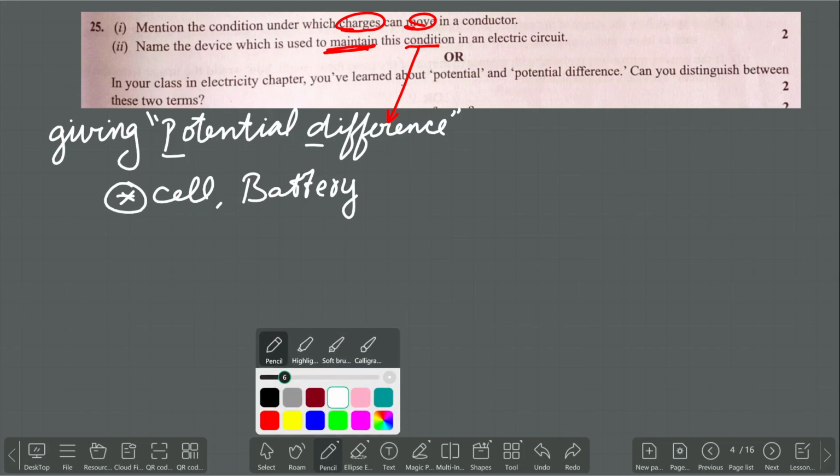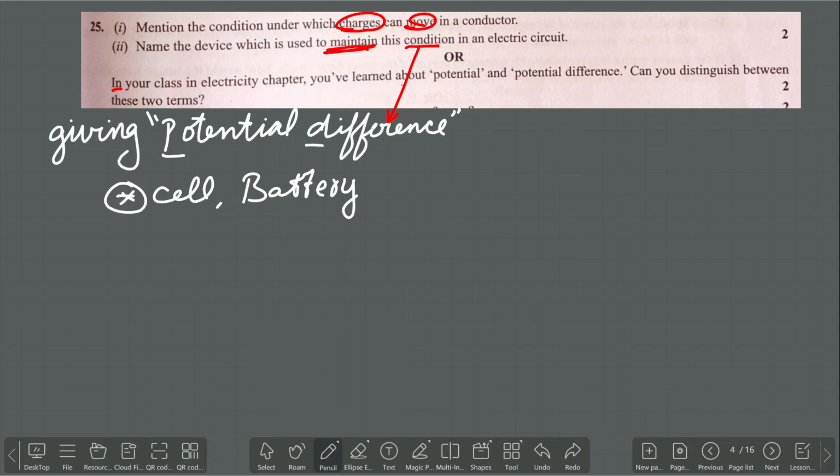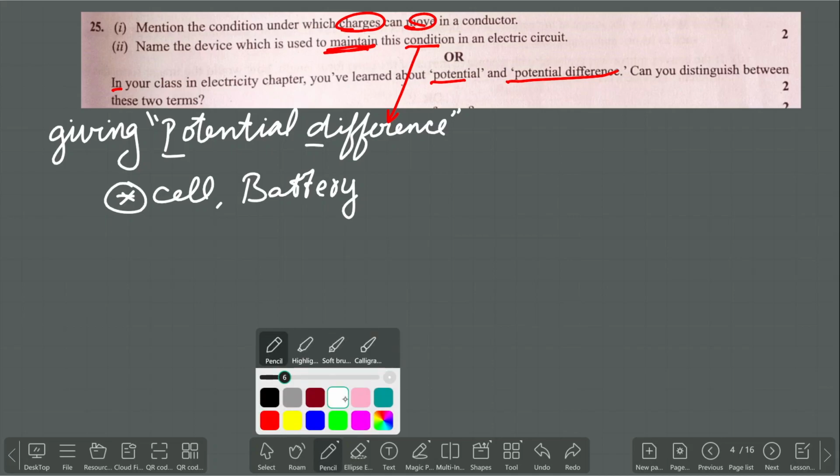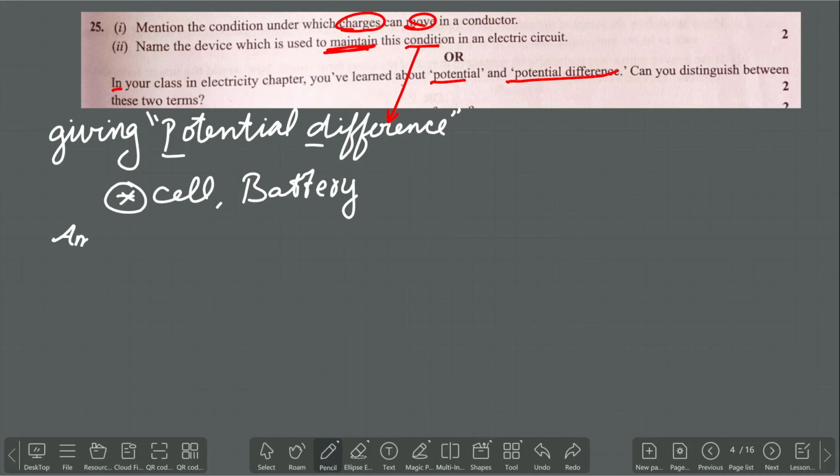Next question. In your class electricity chapter you learnt about potential and potential difference. Nearly both the meanings are the same. In both cases, the battery or the cell does the work.